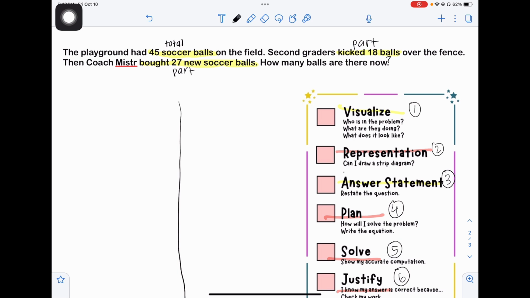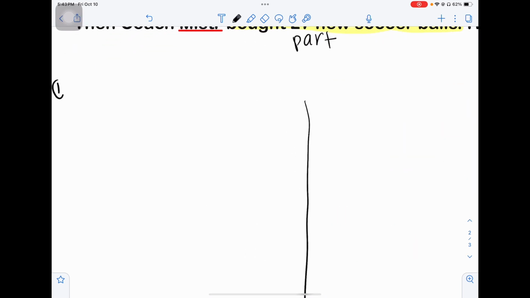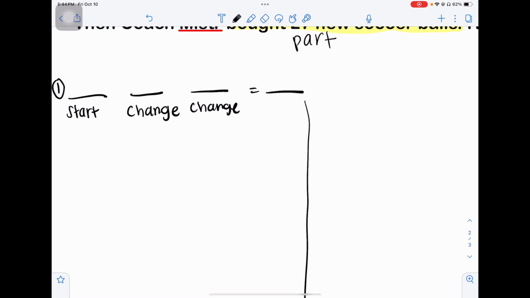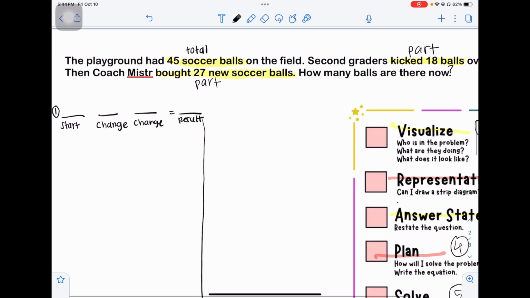So the first thing that we're going to do is we're going to visualize. Okay, so do number 1, and we're going to do start, change, result. Okay, so we are starting with 45. Okay, so you had 45 soccer balls.